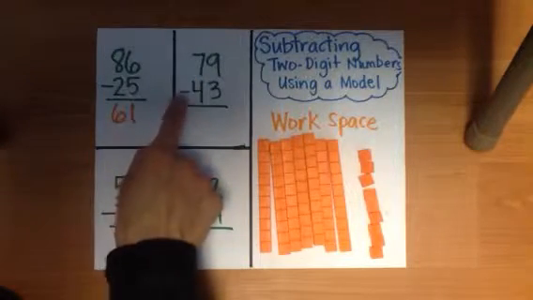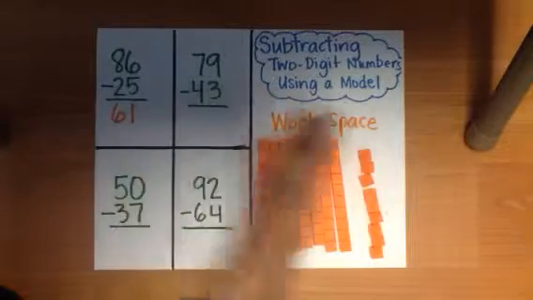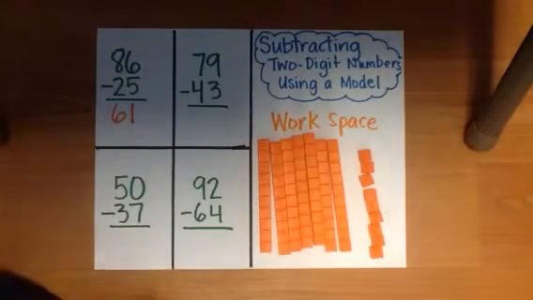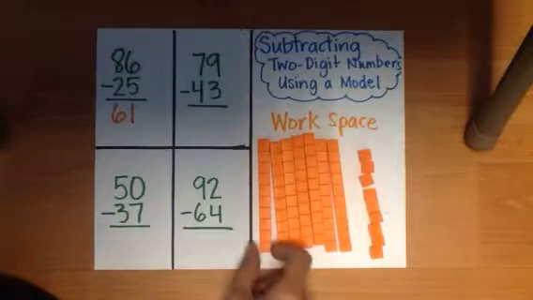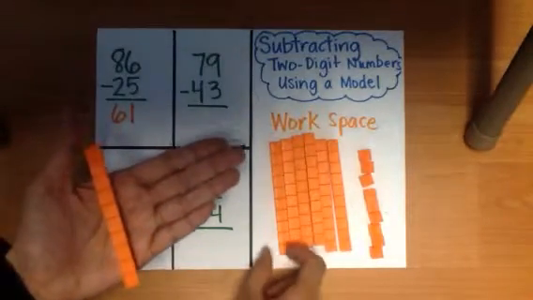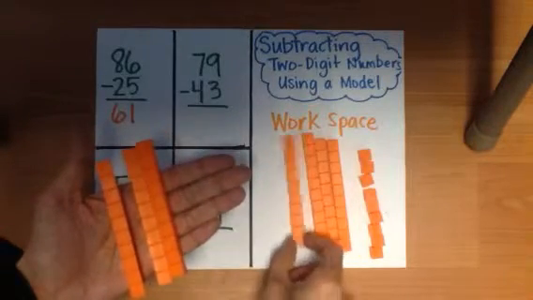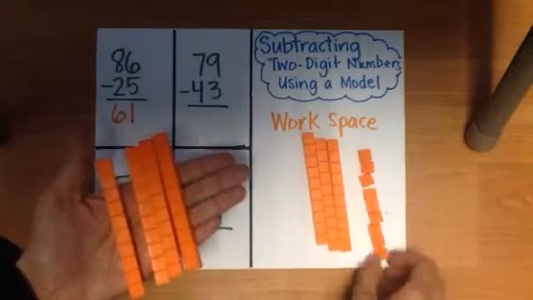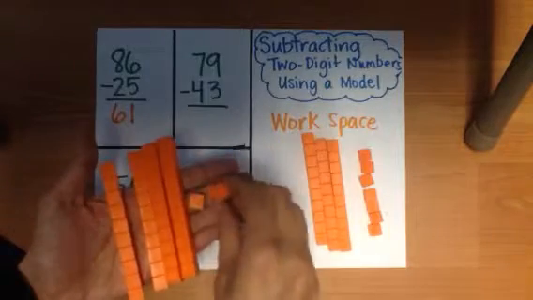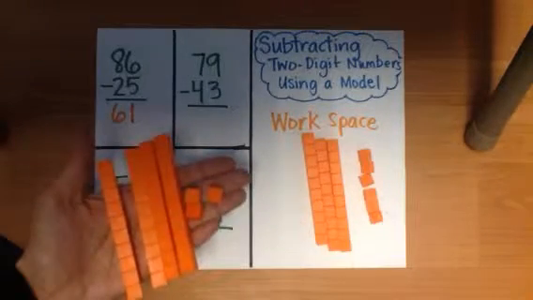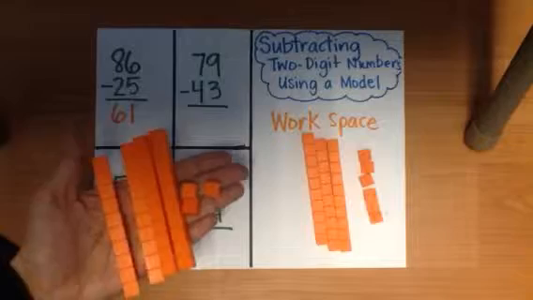I need to do what? Take away 43. So how are we going to count 43? I need to take away 4 tens. 10, 20, 30, 40, 41, 42, 43. So now we've taken 43 away.